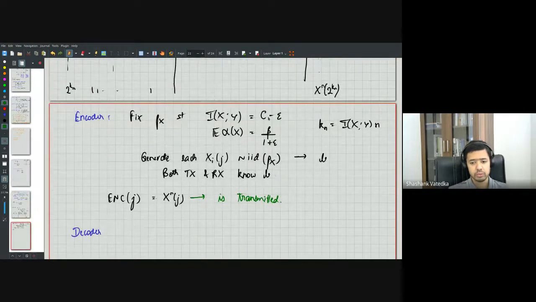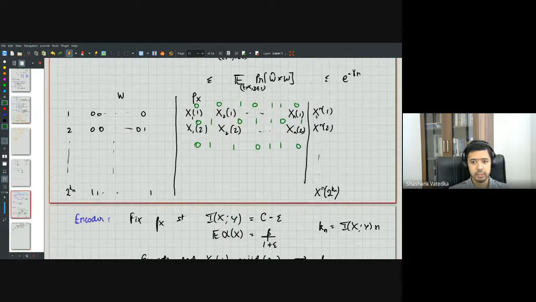Now, one thing to note is that since these code books are generated independently at random, there is a possibility that two messages could correspond to the same code word. There is some probability of that happening. Although the probability is small for large enough n, there is still a possibility of a collision, and note that this will cause an error.